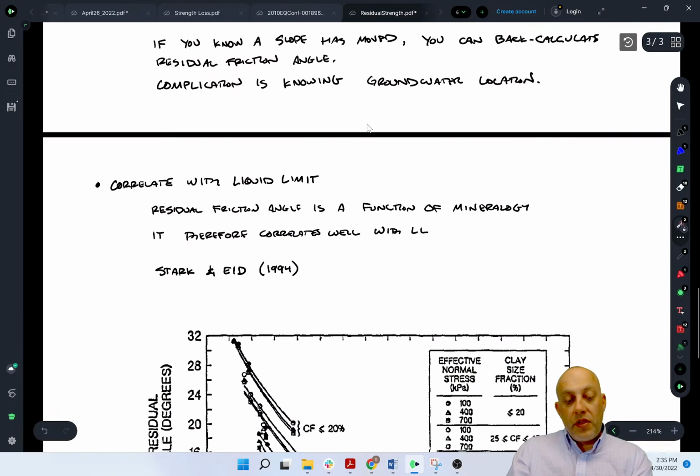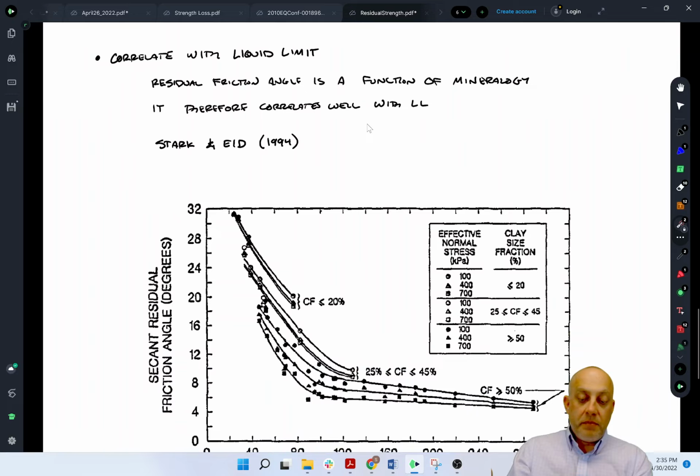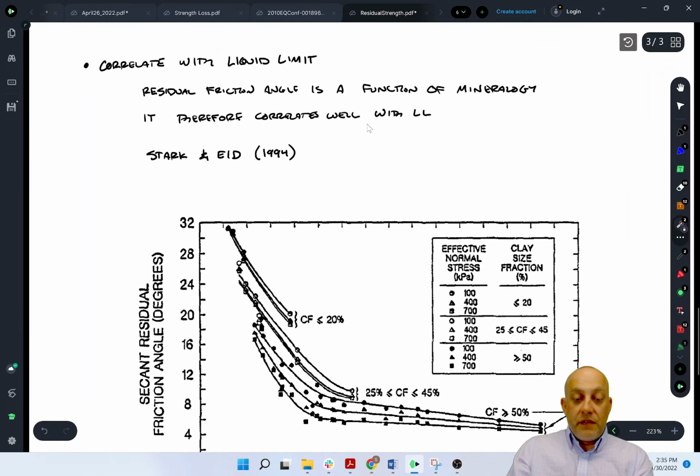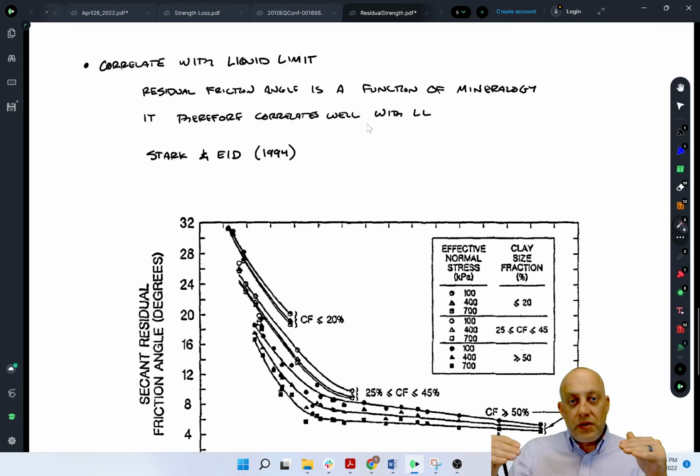All right, now one more thing that I'll talk about is that residual shear strength really is a function of mineralogy. If you have very flat platy minerals like a montmorillonite, those are going to have a very low residual friction angle, because when they go parallel, there's a lot of double layer repulsion and stuff like that.